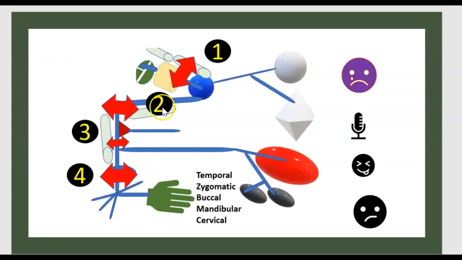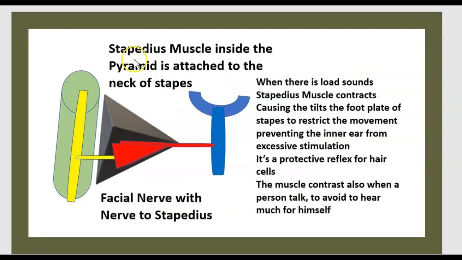Second lesion is beyond the geniculate ganglion. The stapedius muscle inside the pyramid is attached to the neck of the stapes. When there is a loud sound, the stapedius muscle contracts, causing a tilt of the footplate of the stapes to restrict the movement, preventing the inner ear from excessive stimulation.